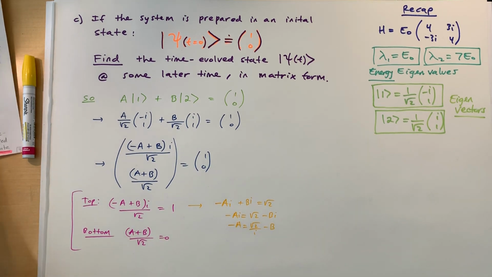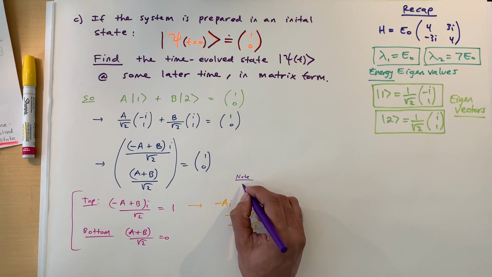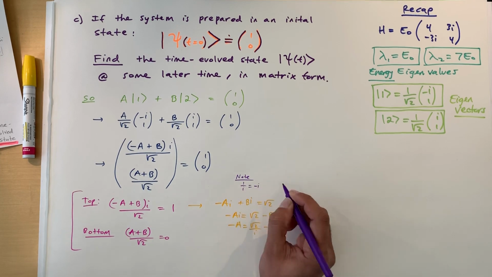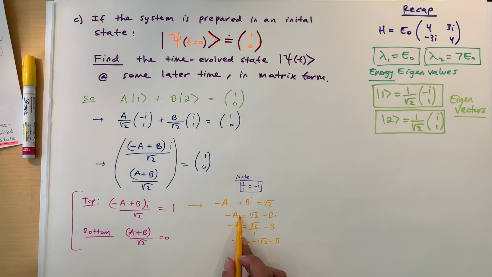Another rule that we need to know is that 1 over i is equal to negative i. It's going to be very important in the upcoming parts. Now we know that this part is going to be negative i square root of 2 minus B. Actually, sorry, this divides to the other side and turns into a negative.